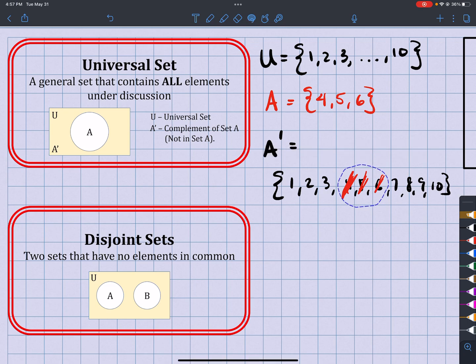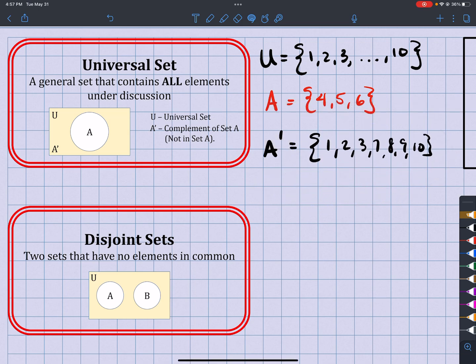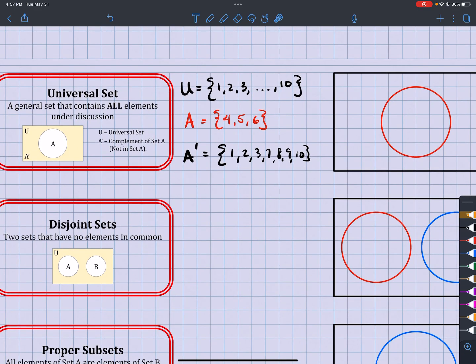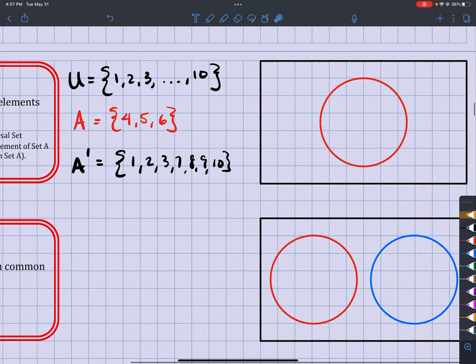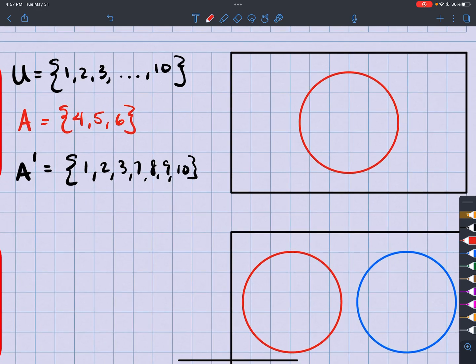That means the rest of the numbers that are here are known as not A. In other words, each of these elements you do not find in A. So that's what not A means. If I put this in a diagram, A, which is this little circle right here, has the contents 4, 5, and 6.